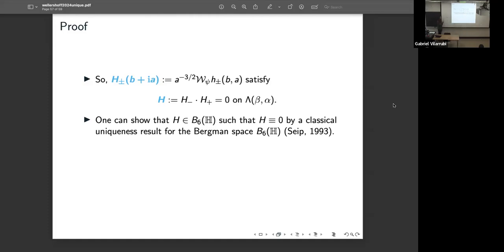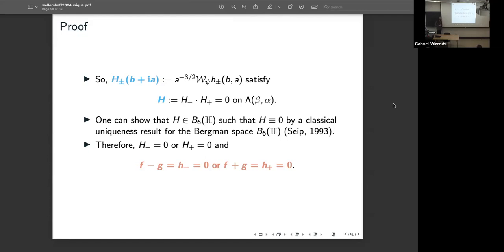Okay? So now H is 0 everywhere, so we have entire functions that we multiply such that they are 0 everywhere, so one of the two functions must be 0 everywhere, and then you just unravel it in terms of H minus and H plus. So you'll find that either F is G or F is minus G. Right, so that's how this works.